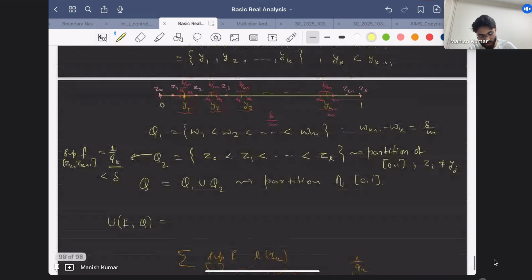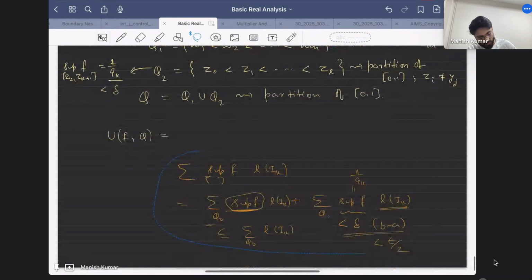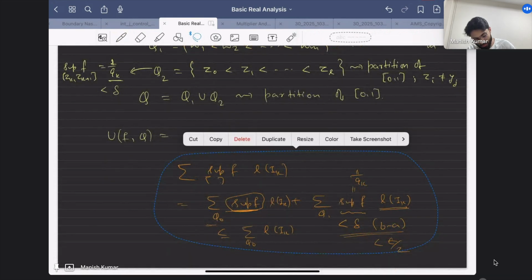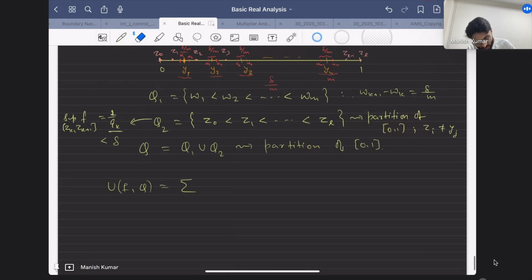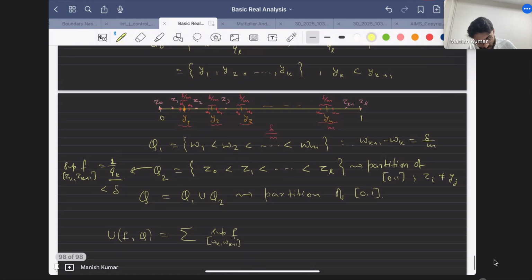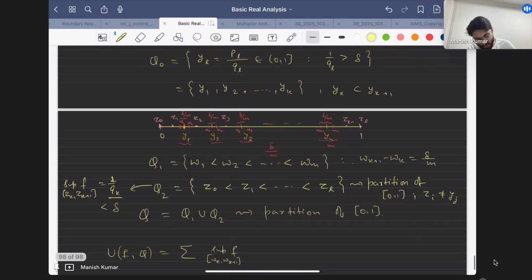Now I'll just write it. So this U(f,q) I can write as a summation. First I'll focus on q1, or let's say in terms of w1, the supremum of f on... I think I have not written properly, because it's not that z1 and z2 I'll take as one interval.